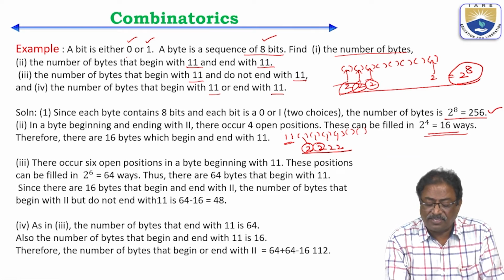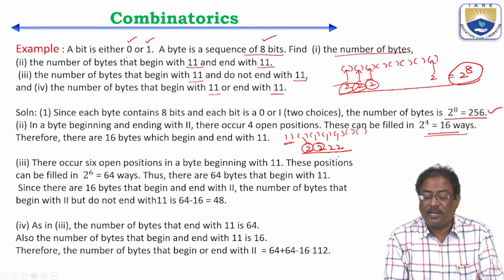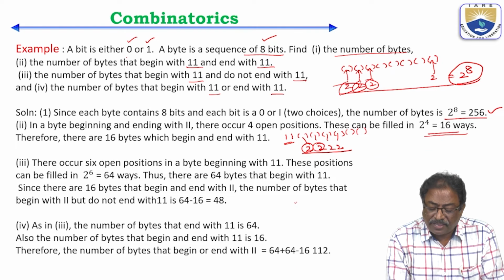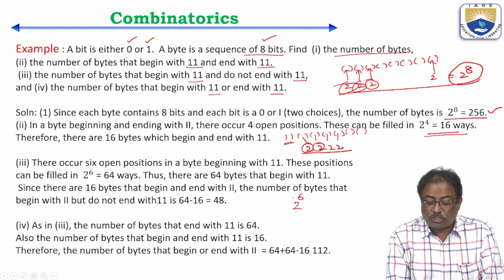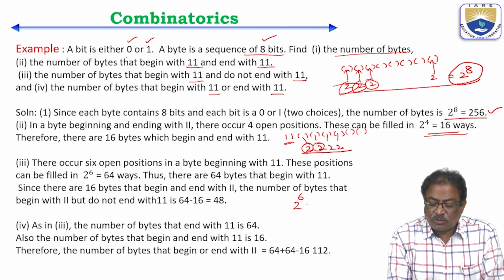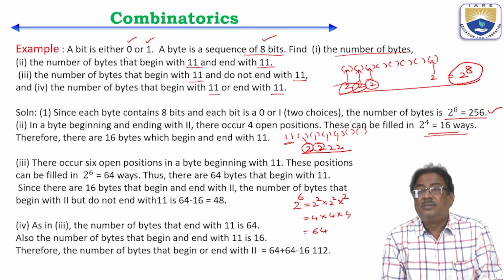The remaining is 6 positions. So 6 positions I can fill in 2 to the power of 6 ways. Here it is nothing but 2 square, 2 square and 2 square, which is nothing but 4 into 4 into 4. So it is nothing but 64 ways.